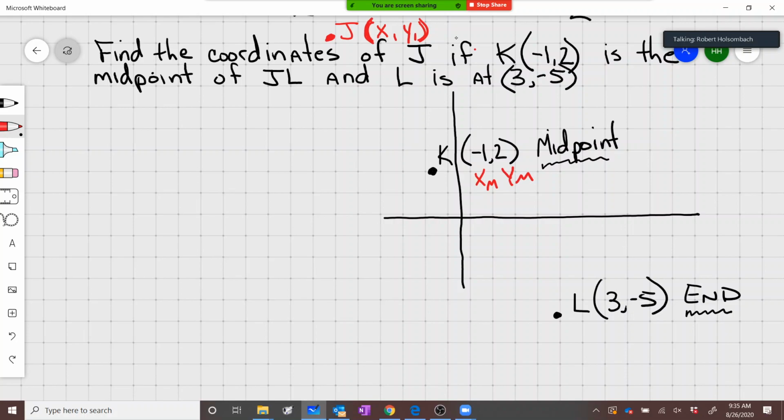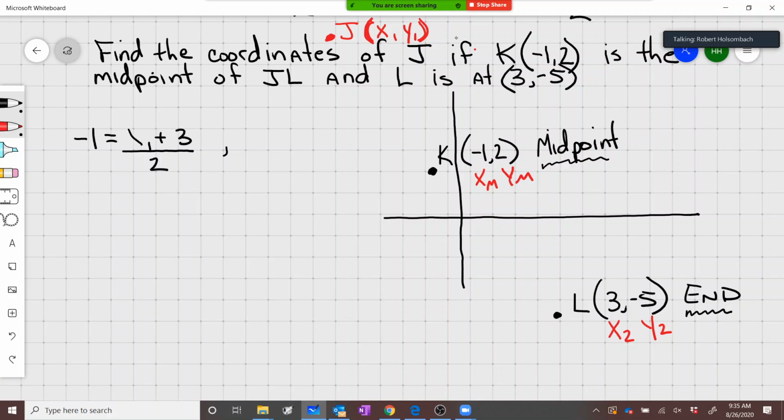And these coordinates of L are your x sub 2 and your y sub 2. So now we're going to use that formula that you just wrote down. This endpoint, this x sub 1. We said that x in the middle, negative 1, is equal to our x sub 1 plus our x sub 2, which is 3, divided by 2. X at the middle equals x sub 1 plus x sub 2 divided by 2.